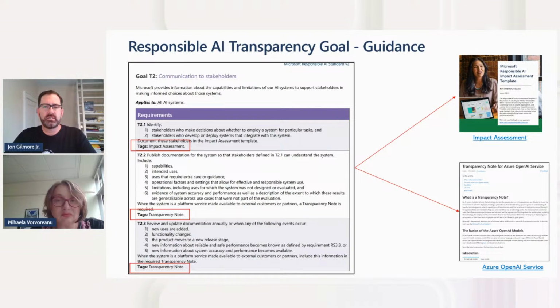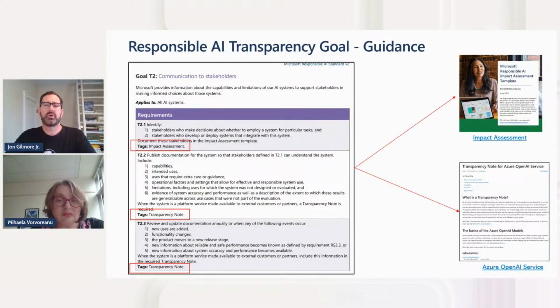A transparency note is a type of documentation we provide that sits between technical specs and marketing material to help stakeholders understand the system capabilities and limitations so they can make informed decisions like, is this service right for their use case? What should be considered when configuring the system? What are the operational or technical limitations? How does a customer optimize performance of the system?